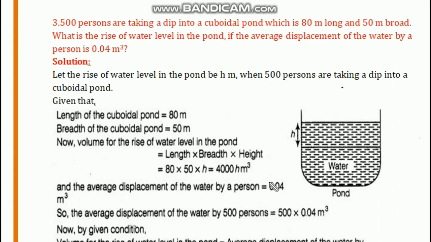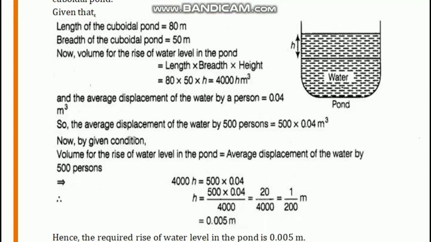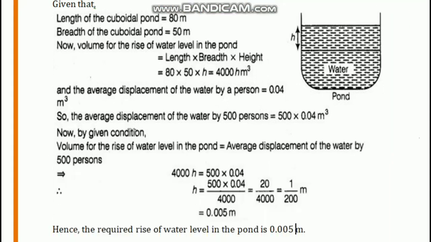So already we know that the volume of rise of water level in the pond is equal to the average displacement of 500 persons. So we need to equate these two because these two volumes are equal.